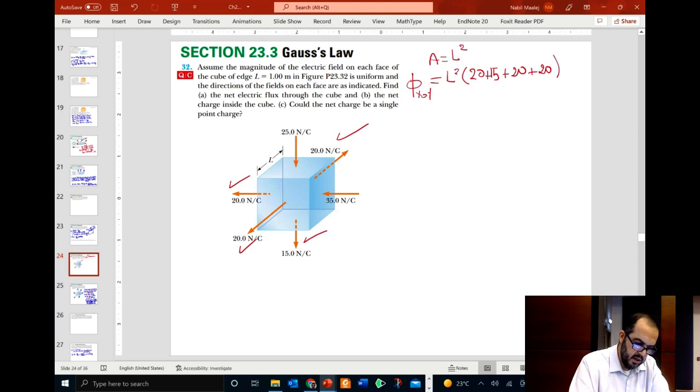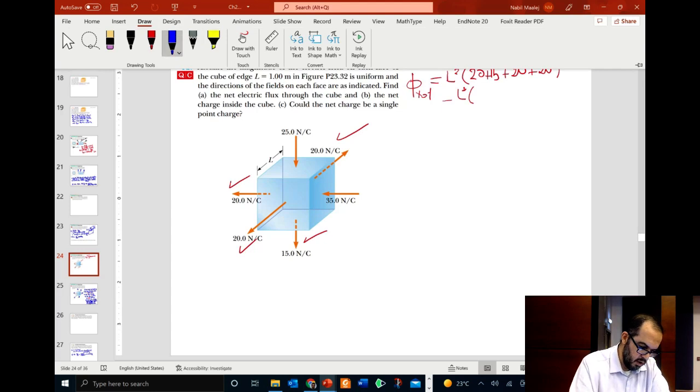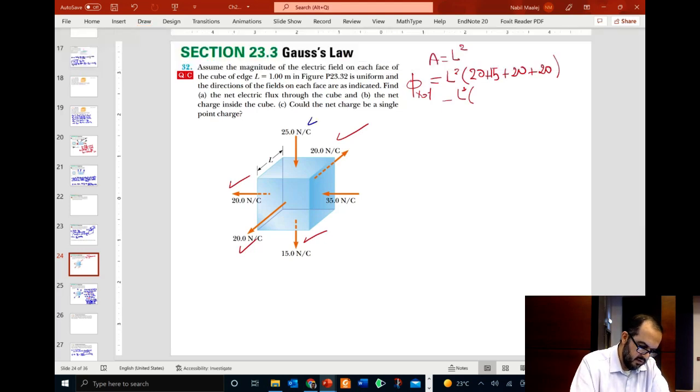Now for the negative we have minus L squared. The area is still the same, so which ones are negative? Let me indicate them by blue color. We have 25 here, and we have 35 here plus 35, and that's it.